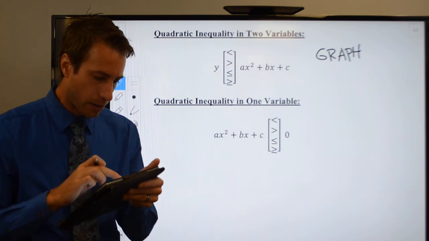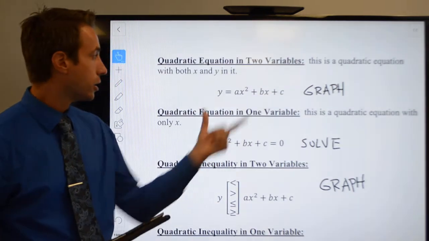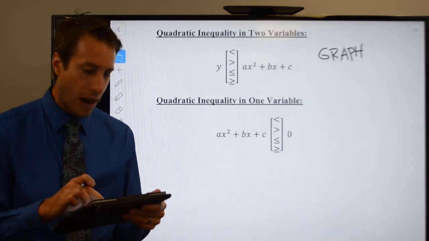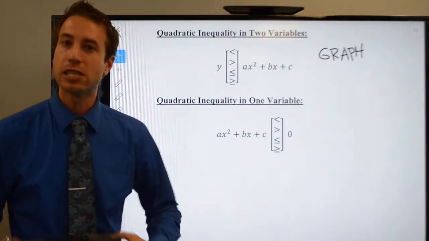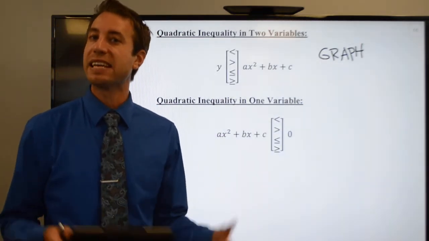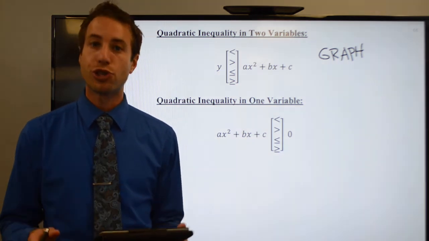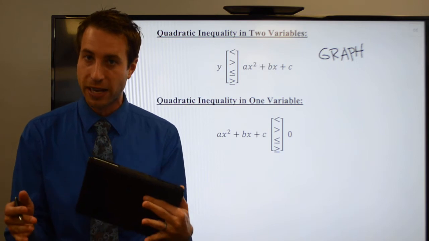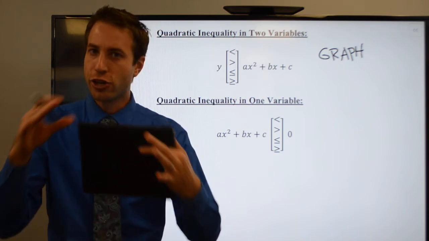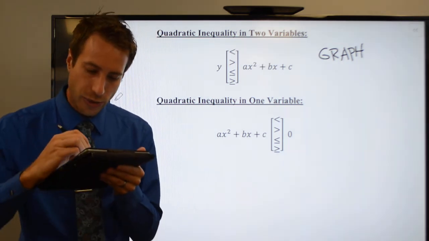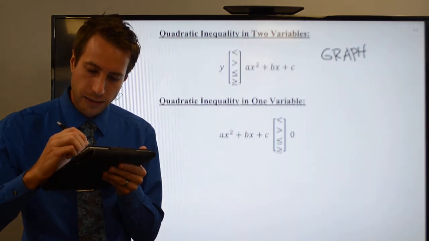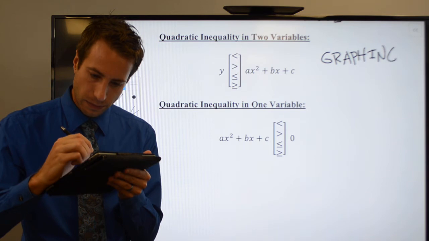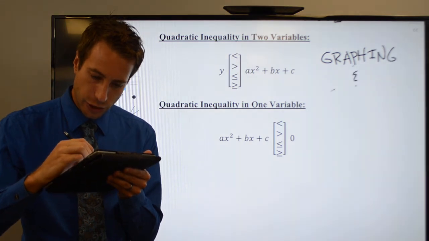Remember, two variables means graph. So we're going to be graphing these inequalities. But remember, when you graph an inequality, your solution region is the shaded area. So you're going to graph it, choose a test point, and shade the solution region. So it'll be graphing and shading.